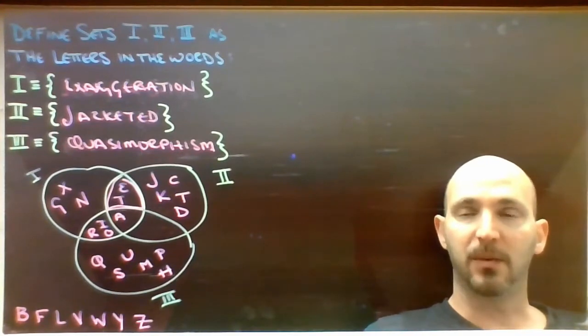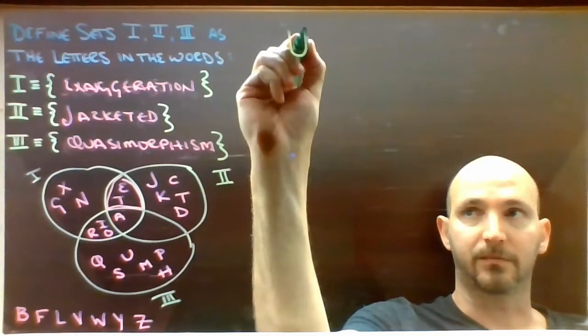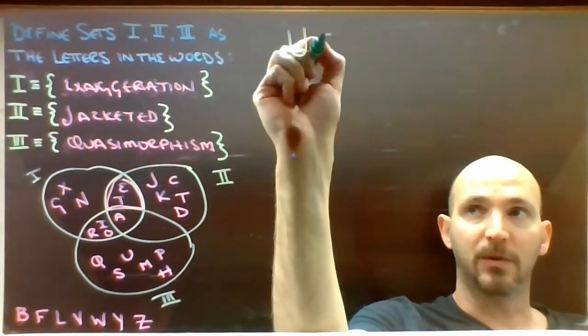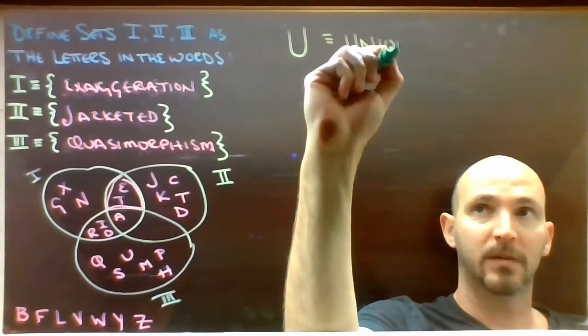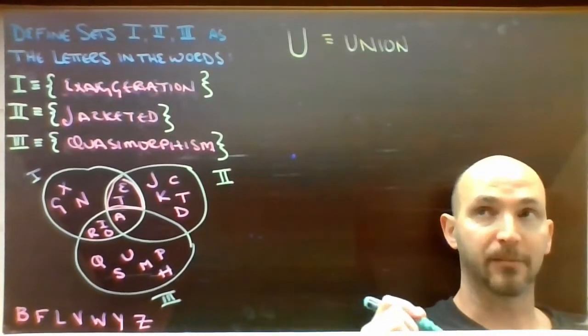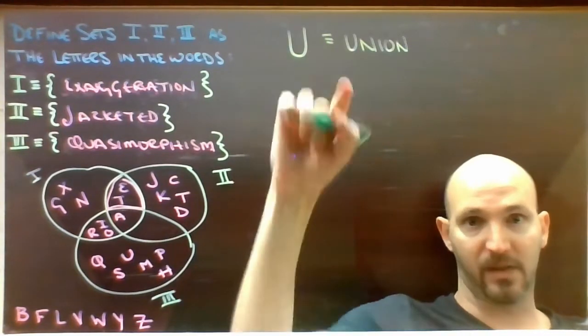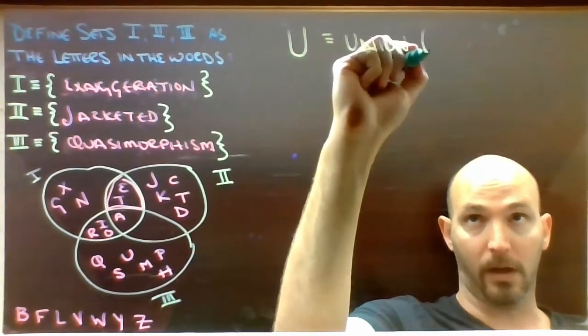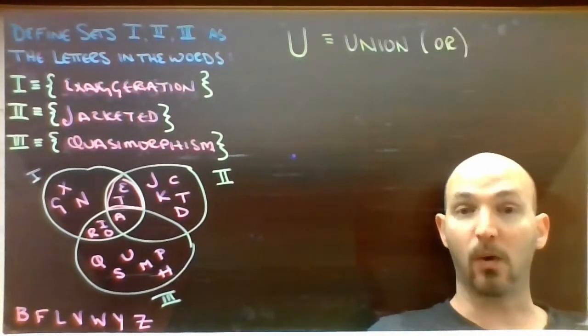The first symbol that we need to talk about is this big U here. The big U means union, the union of two sets. The way that you're going to interpret that in English language instead of using this word is the word or. So if you see that, it's saying or.